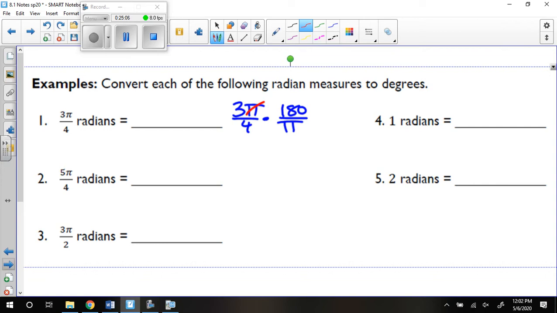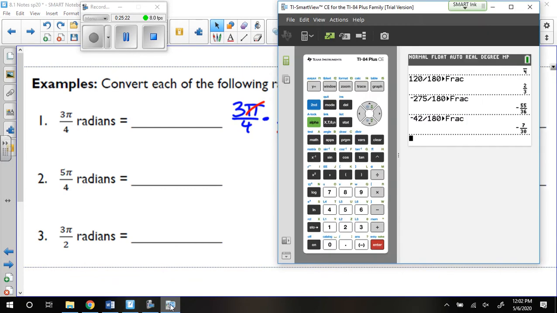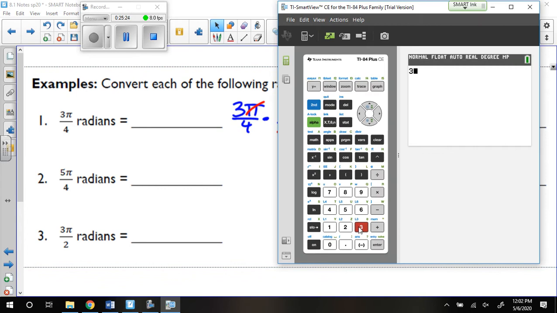And the fabulous thing is here, the pi's can cancel, and so you've got 3 times 180 divided by 4. Okay, so 3 times 180, which is 540, divided by 4, 135.